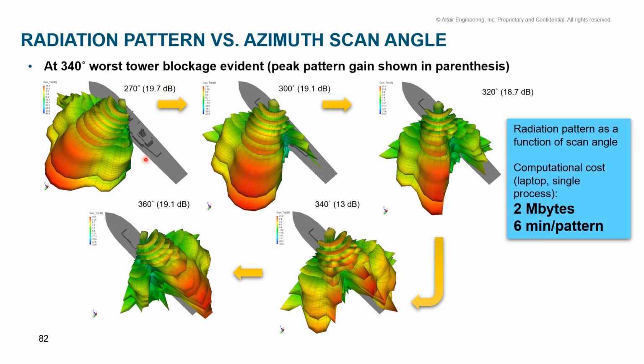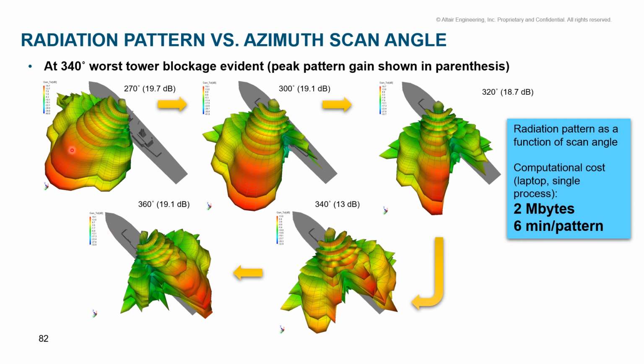Initially we started with very coarse radiation pattern calculations, and you can see that at 340 degrees the pattern has a big null. If you look at other places, it has a nice main lobe, but at 340 there is a big null here. So this can be done, for example, with 2 megabytes of memory and 6 minutes per pattern.